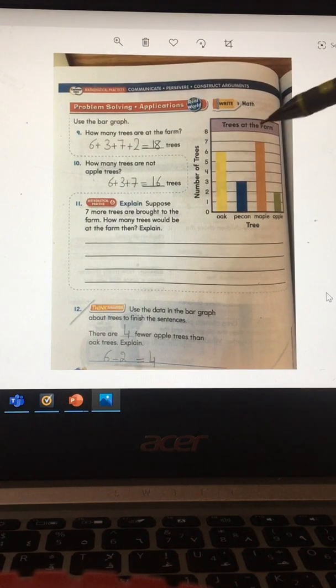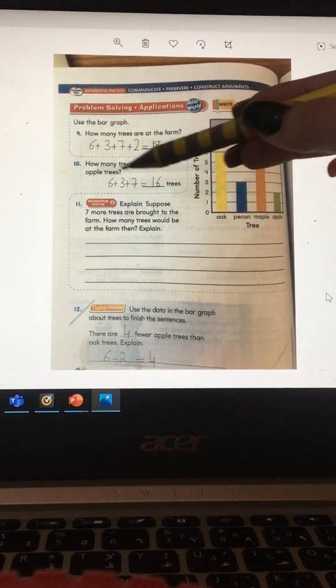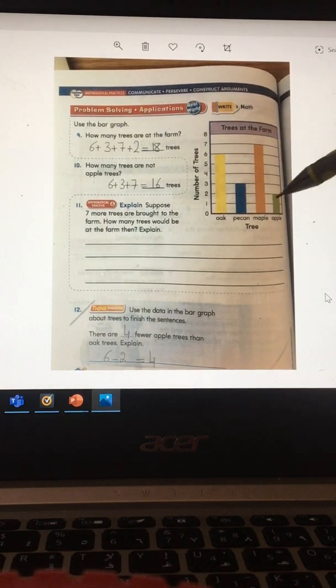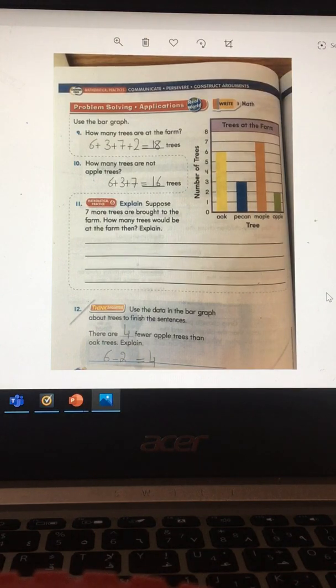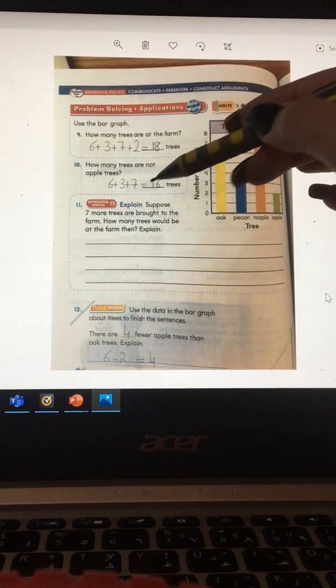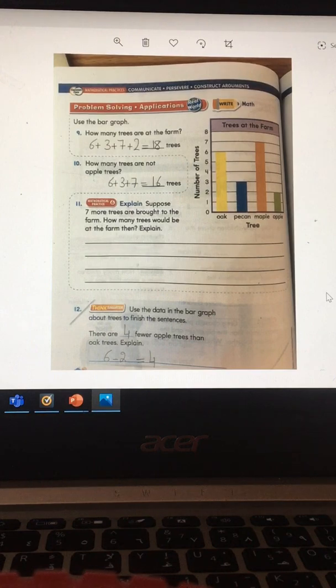I have 6 oak trees, so I'm going to write 6. I have 3 pecan and 7 maple. I'm going to add the 3 of them in order to find how many trees are not apple trees. 6 plus 3 is equal 9, 9 plus 7 is equal 16. So I have a total of 16 trees that are not apple trees.